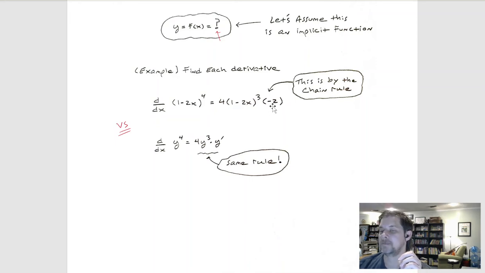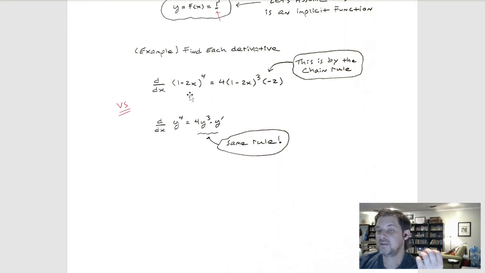Now, have that in mind and think about how you would find the derivative of y to the fourth power, where y was some function of x that's not specified, not entirely known. We know that it is a function of x, but we don't have the formula at hand. Then it wouldn't really be any different.